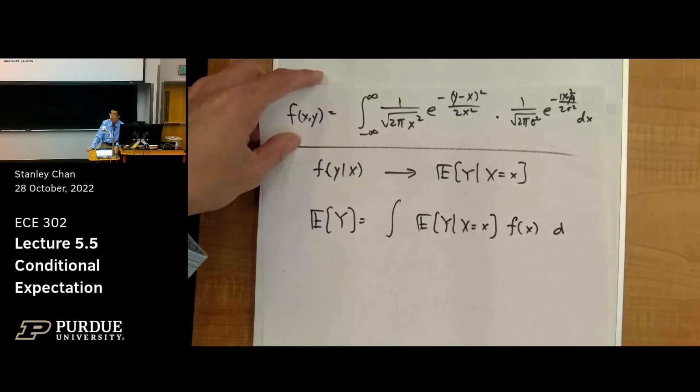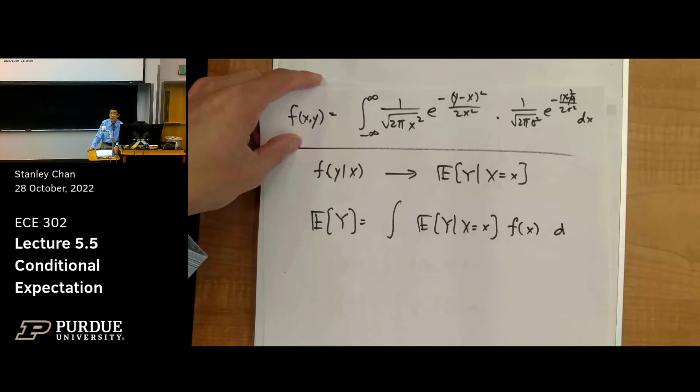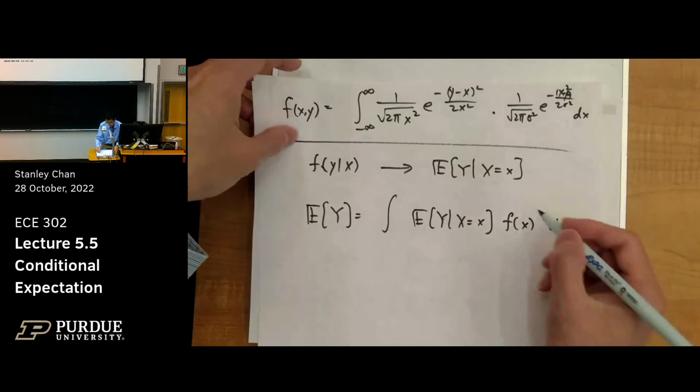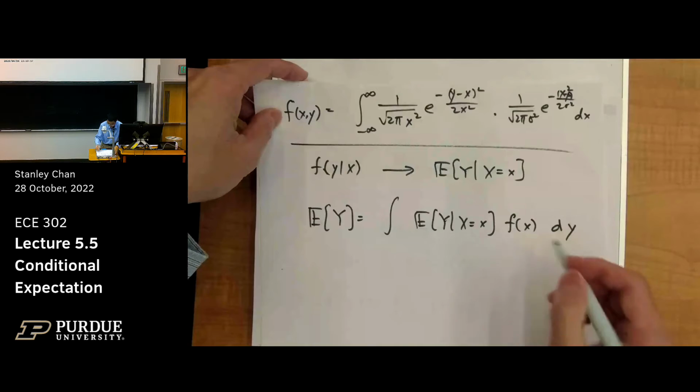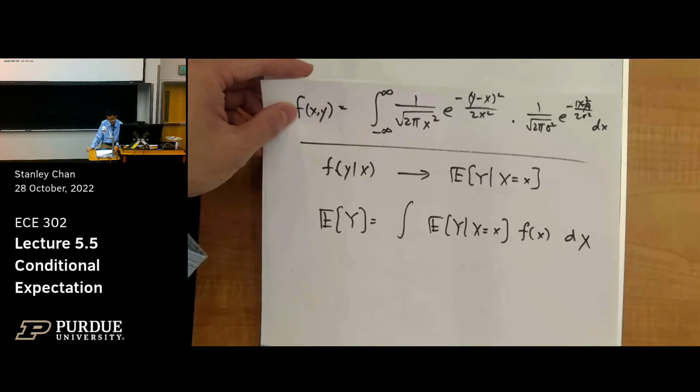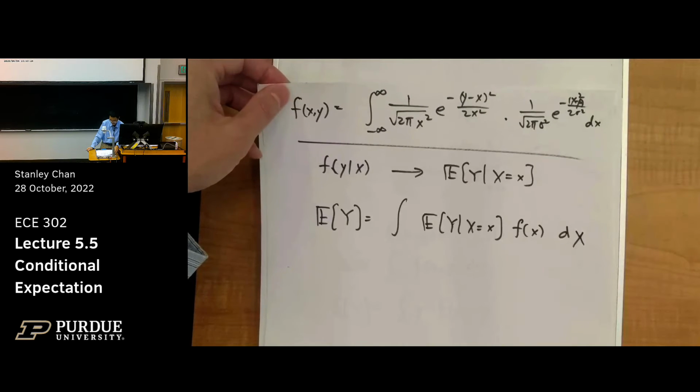dy or dx? Very confusing. dy or dx? Oh, I'm sorry, you need to take a course again. This is not x. It should be y. It should be y, okay? Oh, it should be x. Okay, I need to retake the course. Okay, it should be x. Sorry about that.